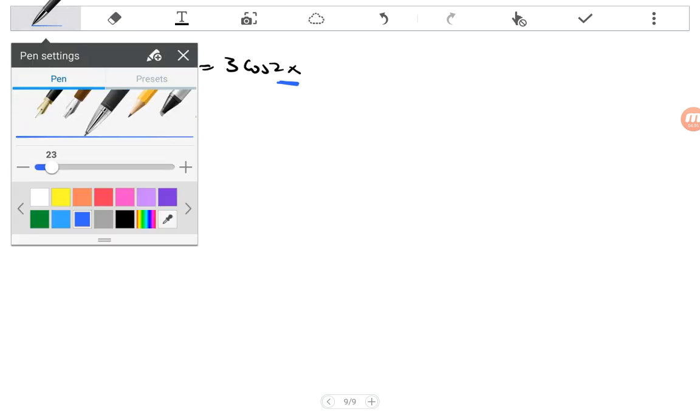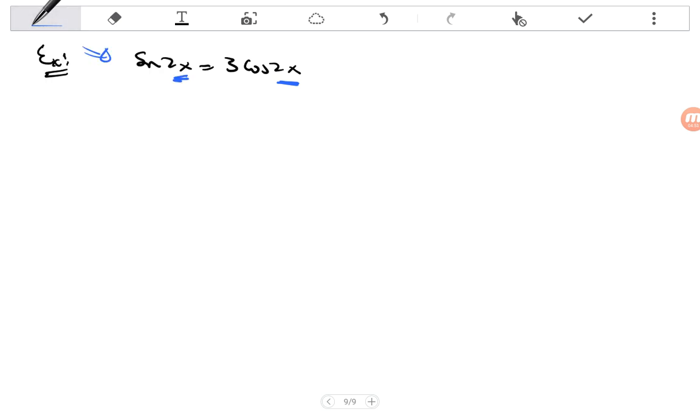What about dividing the equation by cosine 2x? Let's divide the equation by cosine 2x. We will find that tan 2x is equal to 3. So you have just managed to express the equation in terms of just one trigonometric function, which is tan.